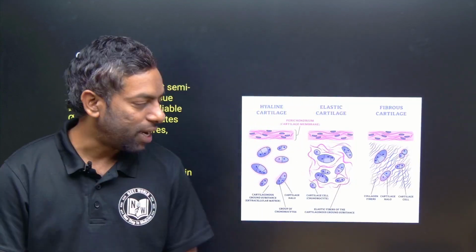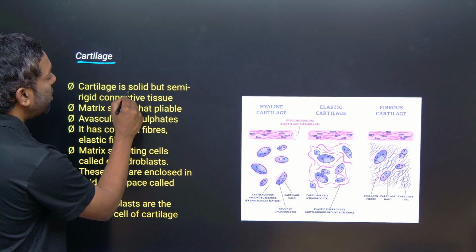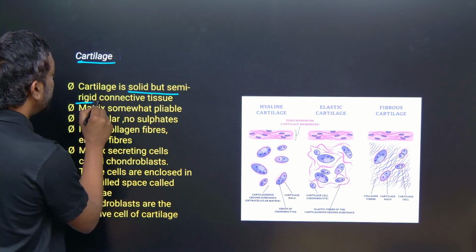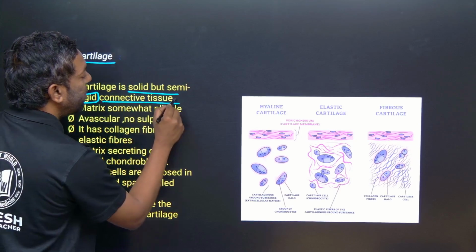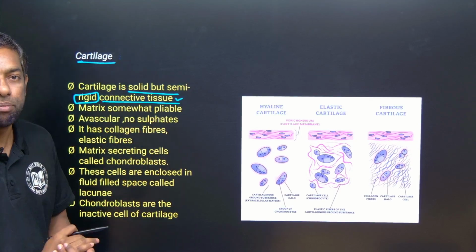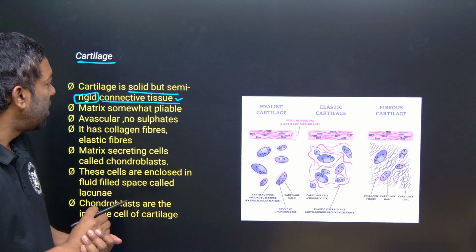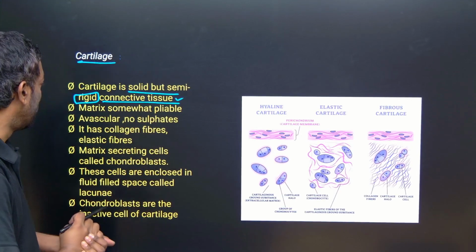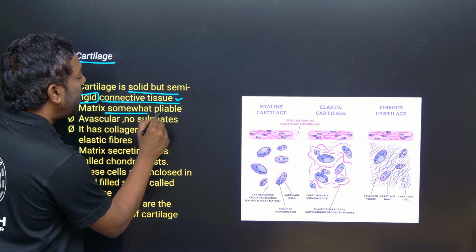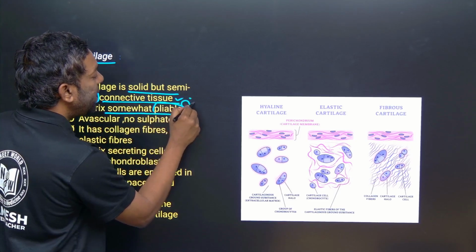Cartilage is a solid, semi-rigid connective tissue, somewhat flexible. Its matrix is somewhat pliable, meaning it is easy to bend.